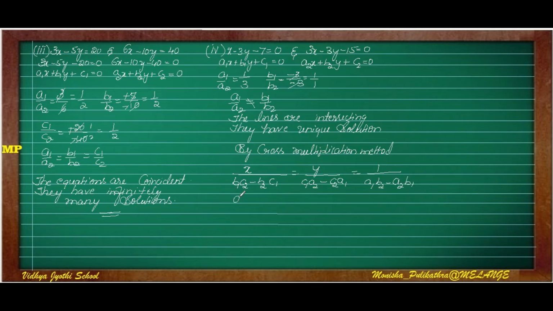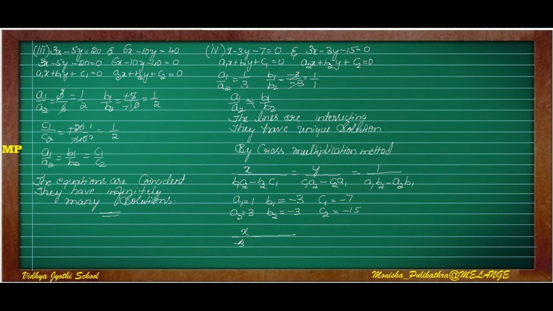So I will write all the values of it, that is a1 is equal to 1, b1 is equal to minus 3 and c1 is equal to minus 7. In the same way a2 is equal to 3, b2 is equal to minus 3 and c2 is equal to minus 15. So we have to first substitute it, x divided by b1 c2.